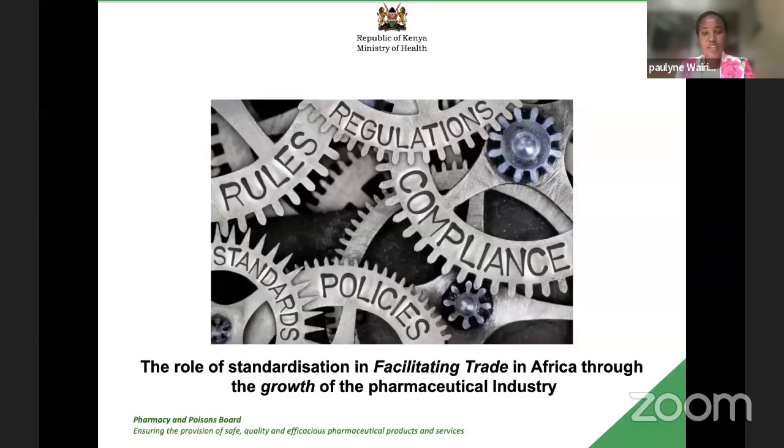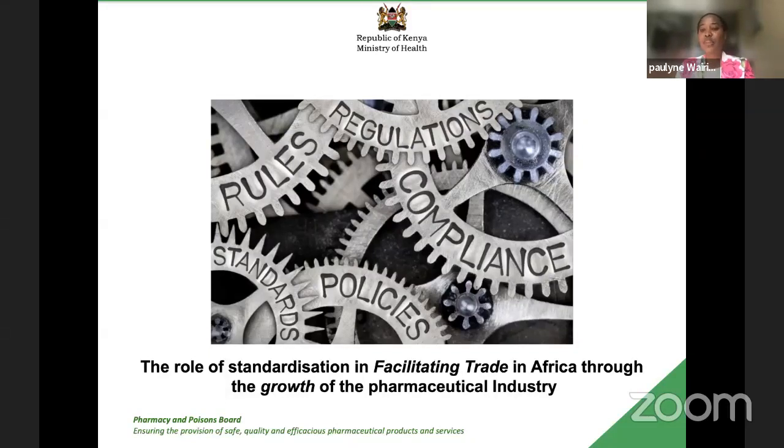So a national regulatory authority is often faced with challenges and opportunities. Our role when speaking on regulation is laying foundations by putting together regulations that are favorable, but also that safeguard and protect the public from counterfeit, substandard, and poor quality products.